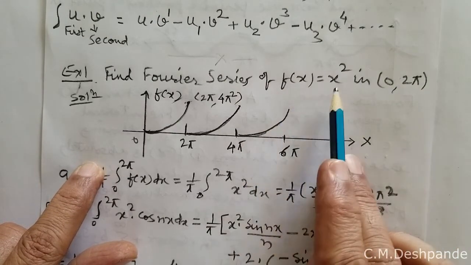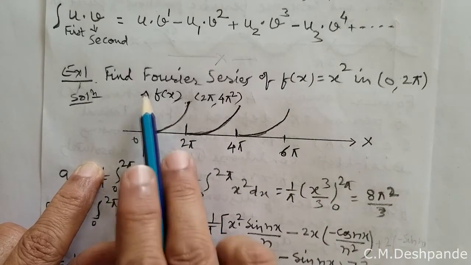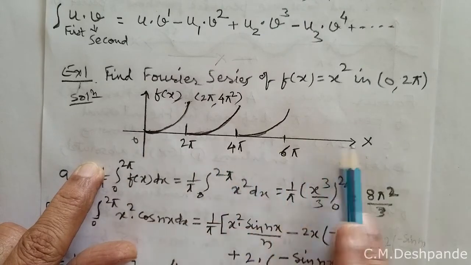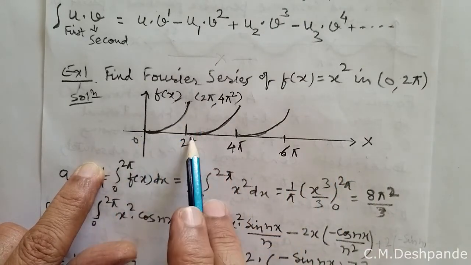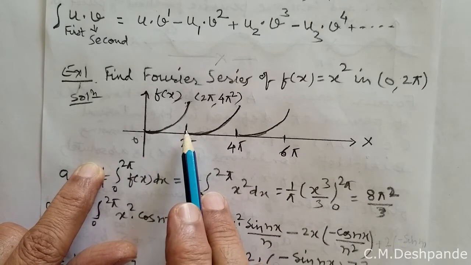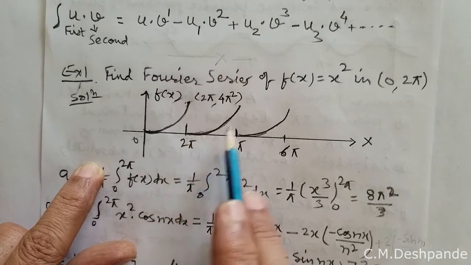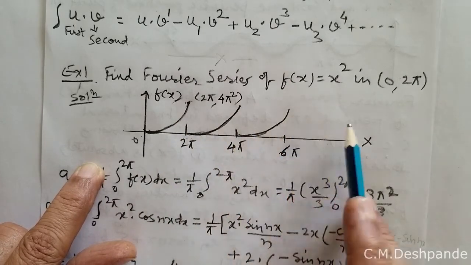Now f of x equal to x square can be shown by this parabola. The vertical axis is the f of x axis and the horizontal axis is the x axis. So this is a parabola from 0 to 2 pi, and this graph represents one cycle of the periodic function f of x. The same cycle repeats after 2 pi, again after 4 pi, up to infinity.